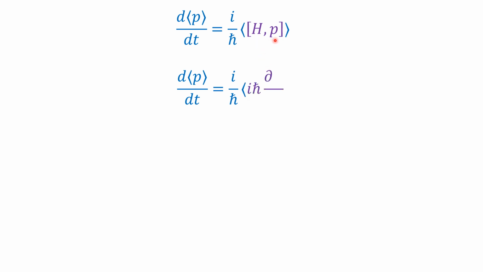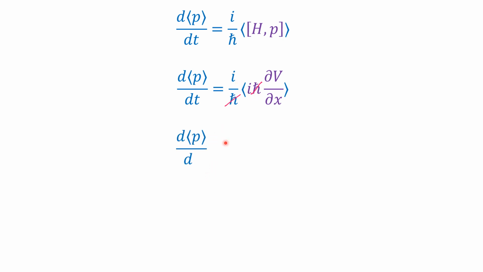The h cross will get cancelled with this h cross. i times i is i squared, which is equal to minus 1.